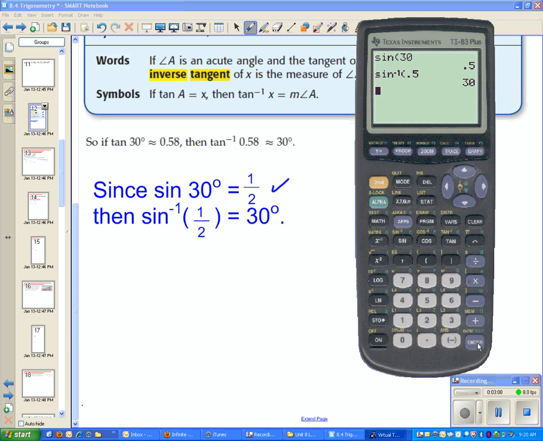So see if your calculator has the ability to do inverse sine, inverse cosine, inverse tangent. Let's see if you can make that work. On your calculator, try doing the inverse sine of 1/2 or the inverse sine of 0.5 and get 30. If you don't get 30, then you're not in degree.